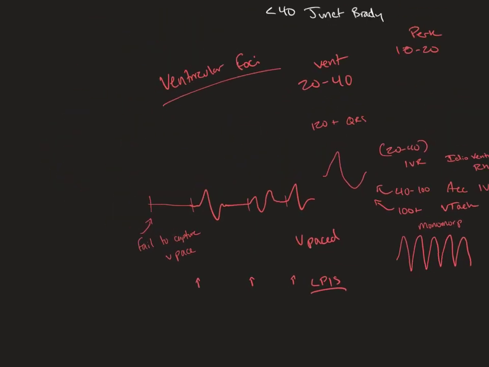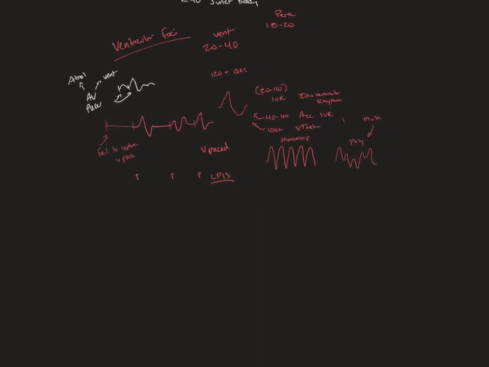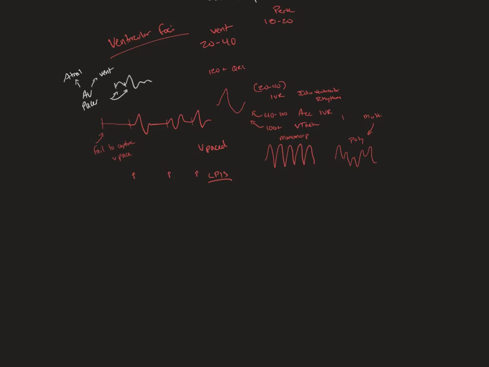And if you have this cool thing, put a little T-wave on there, it is an AV pacer, atrial and ventricular. Bueno? Sometimes you'll have an atrial failure to pace with a ventricular backup.